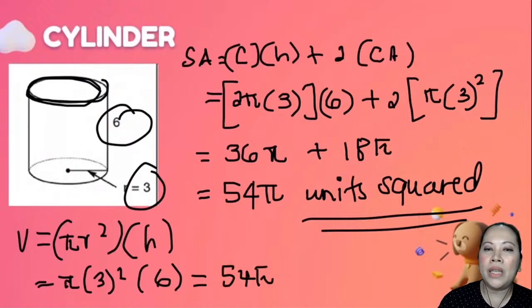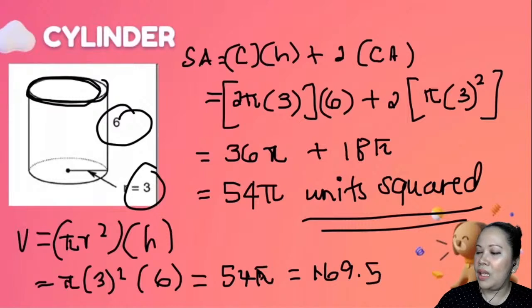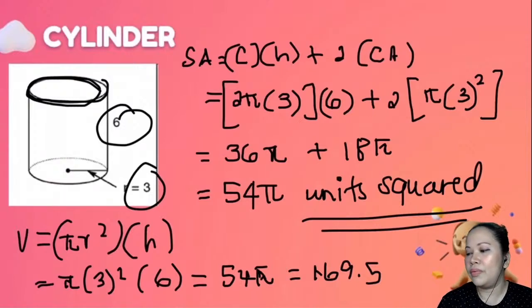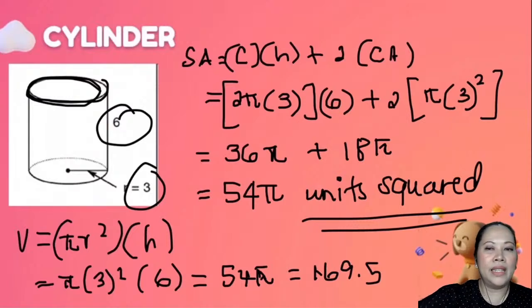I leave it as a pi because it's more accurate, but if you want, you can multiply 54 times 3.14, and then you will get 169.5. Okay, so that will be our volume. So the volume is pi r squared h. Alright, I hope that you're able to understand.